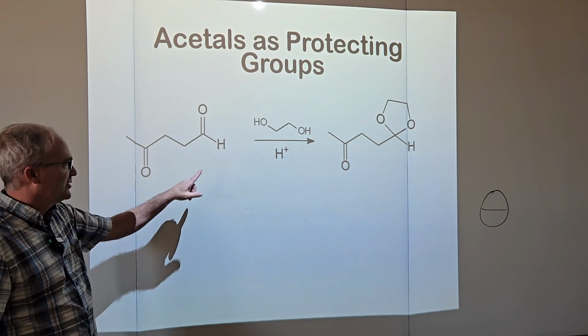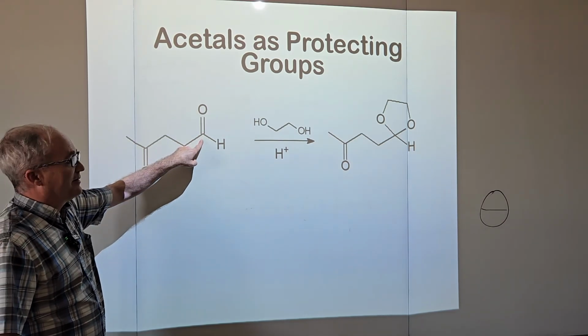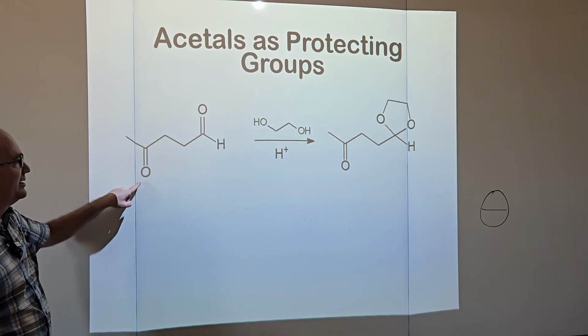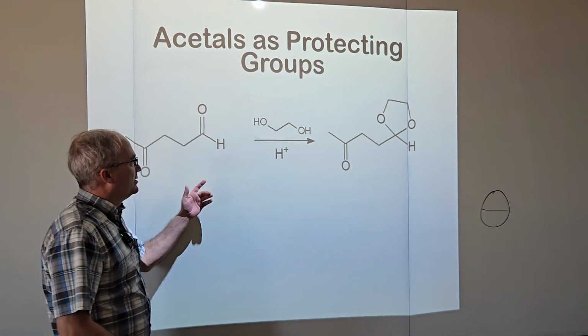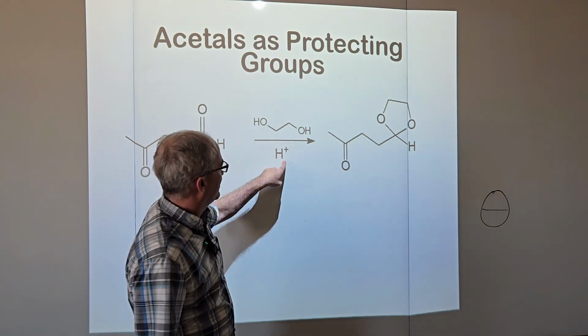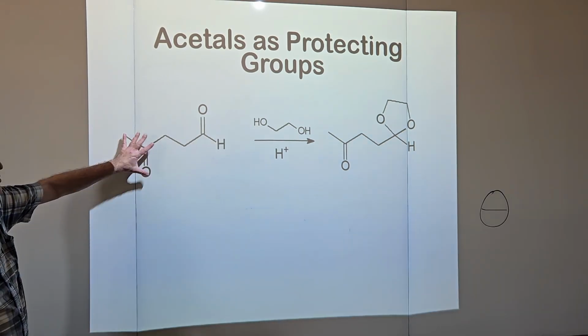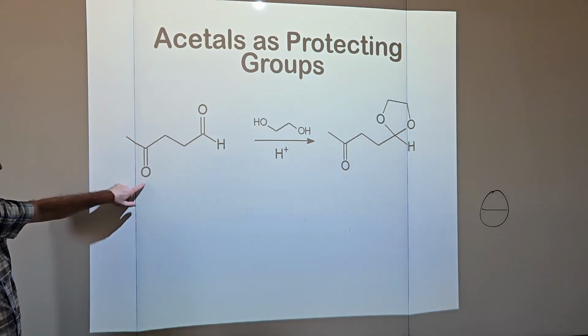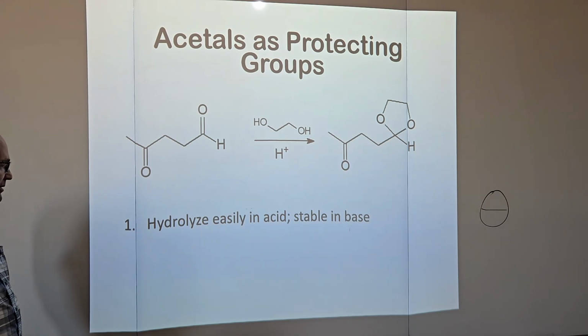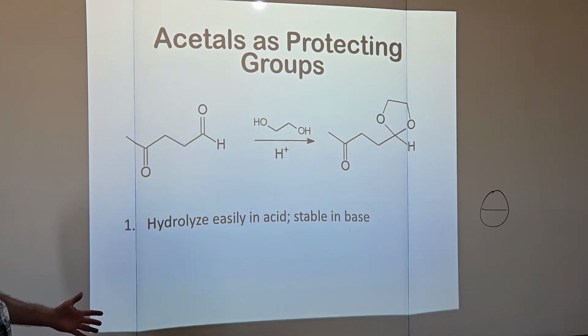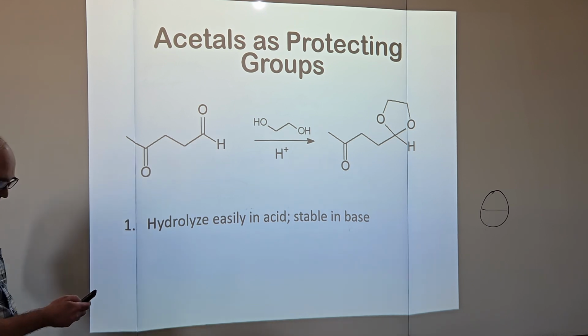Excuse me, that was a Freudian slip. On the aldehyde than it is the ketone. So here's our ethylene glycol, acid catalyzed. Now if we want to do some chemistry on the ketone, we can do this. It says hydrolyzed easily in acid, stable in base.